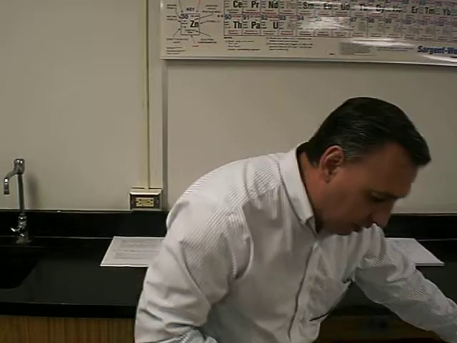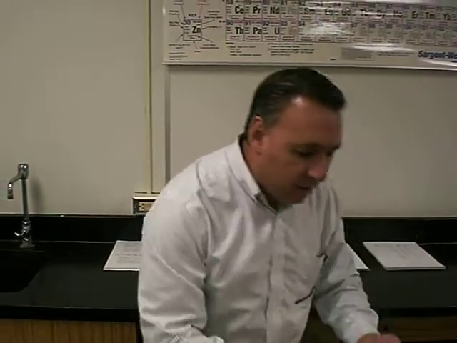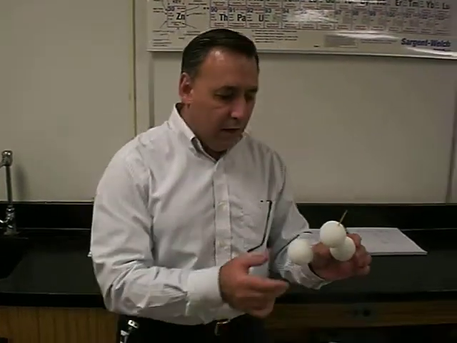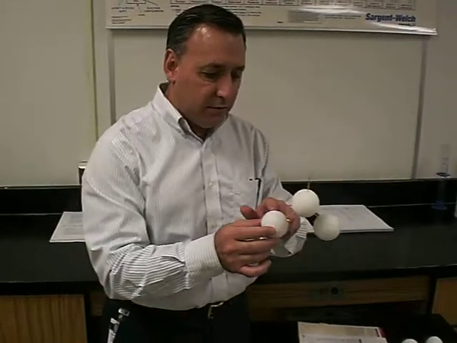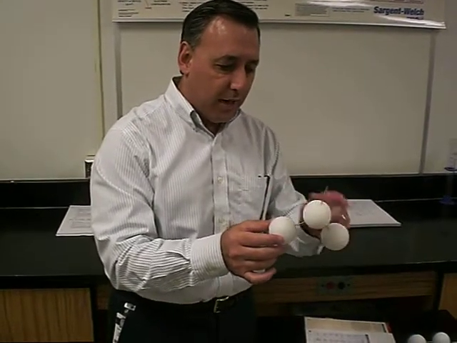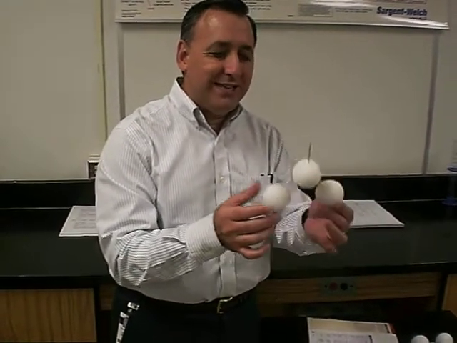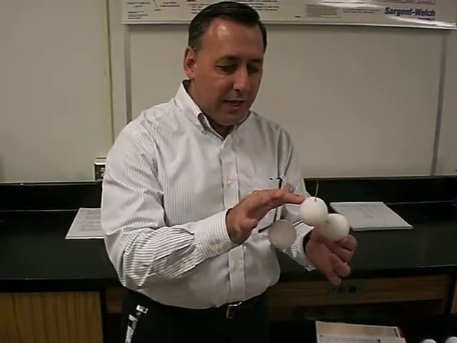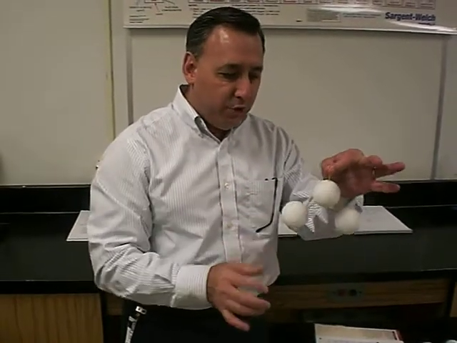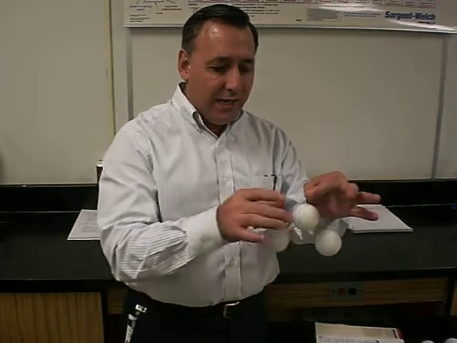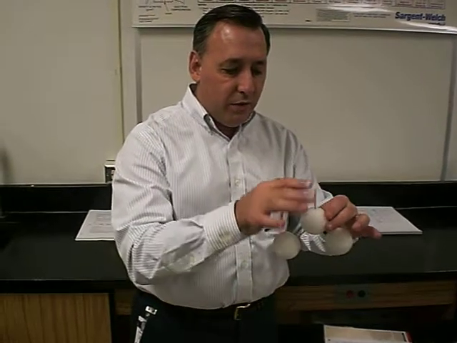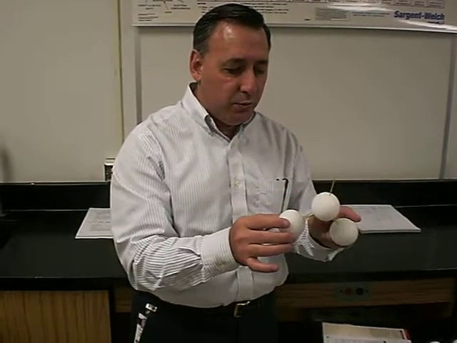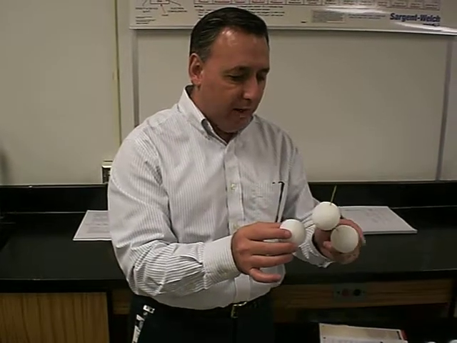So that's linear. Let's add a level of complexity now. Let's talk about this molecule here. This molecule also has a central atom connected to two peripheral atoms. But the central atom in this case is not linear, because a lone pair of electrons is on the opposite end of the molecule from these two atoms.